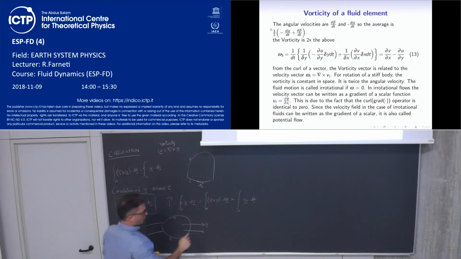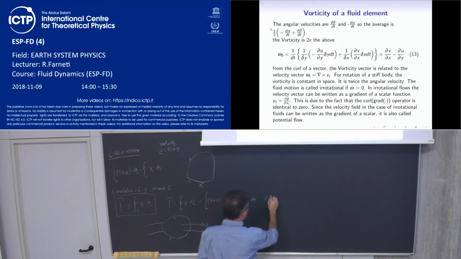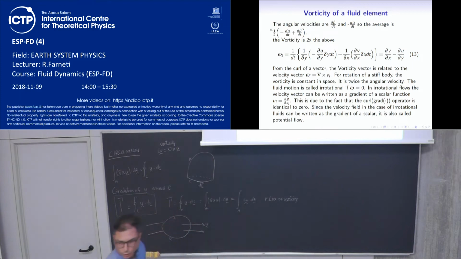In other words, the vorticity integrated over the area is called my flux of vorticity. This is my flux of vorticity through an area A. So if you have an area A and a flux of vorticity passing through it, that is equal to the circulation of your vector field.